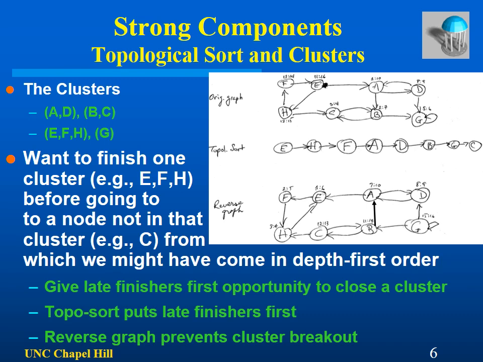What we would like to do to find strongly connected components is get the E, F, and H in the original graph taken care of and seen as a cluster, without worrying about the fact that there is a C that is connected to it and an A that is connected to it, from which we can go forward, but we can't get back.